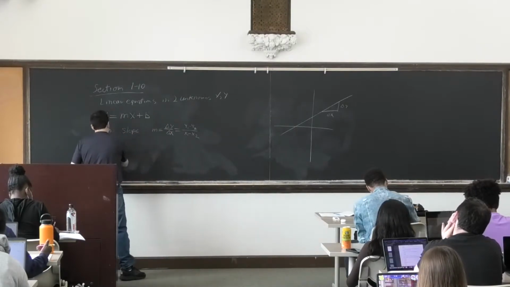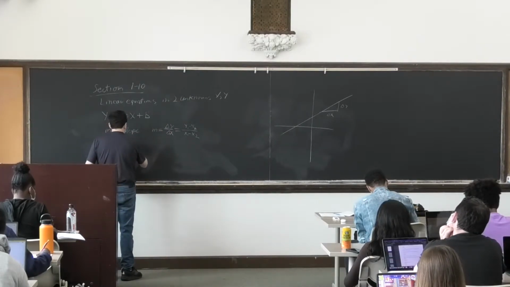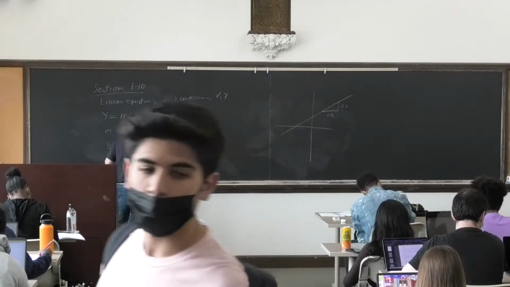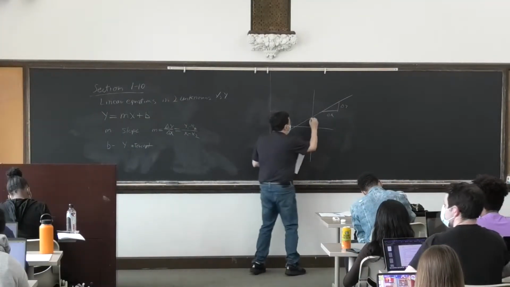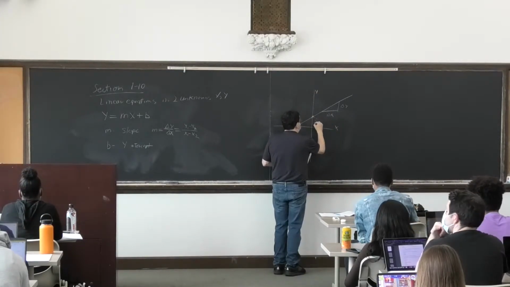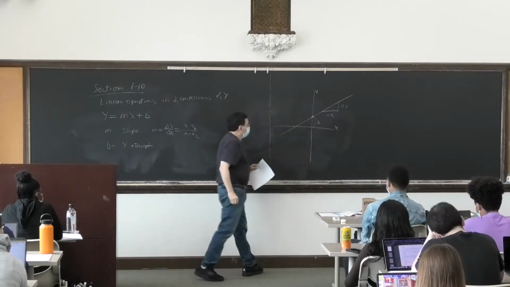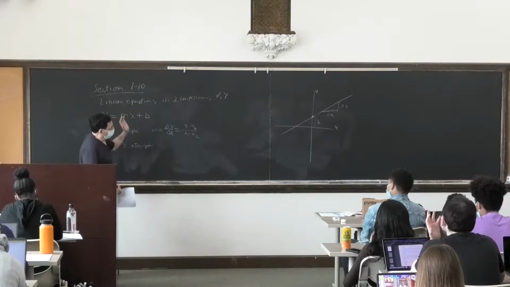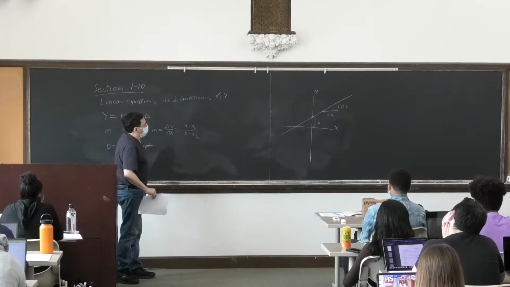You should know that b is the y-intercept. The point where the line crosses the y-axis. It's going to be b. And you can go back and forth on this. If you have the equation, you should be able to graph a line.